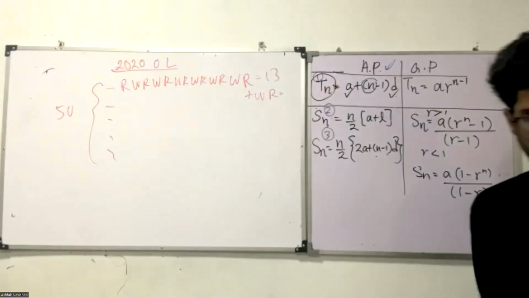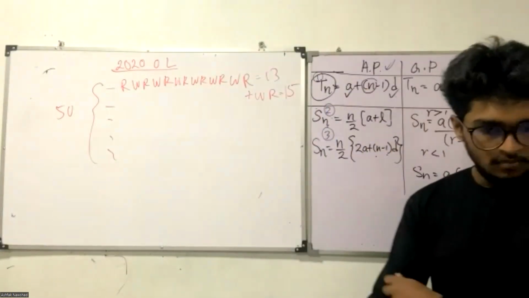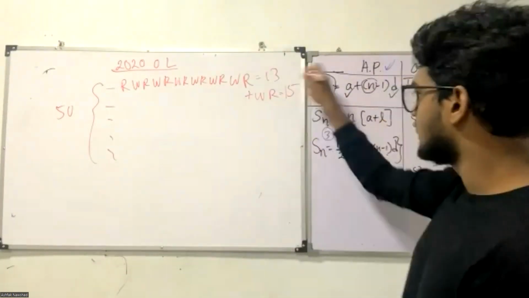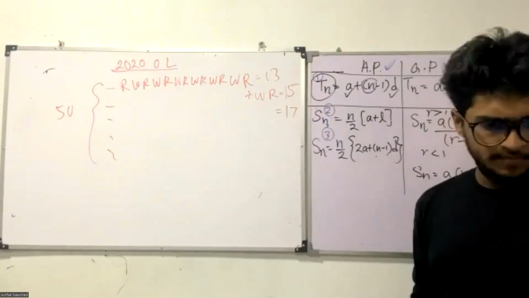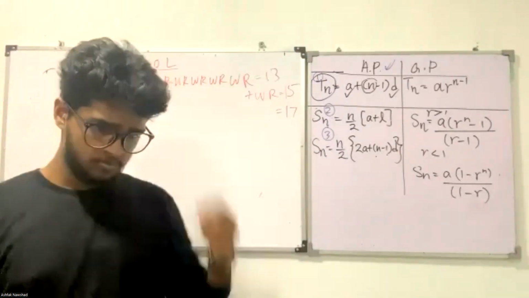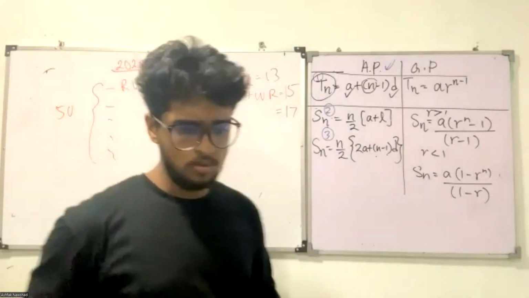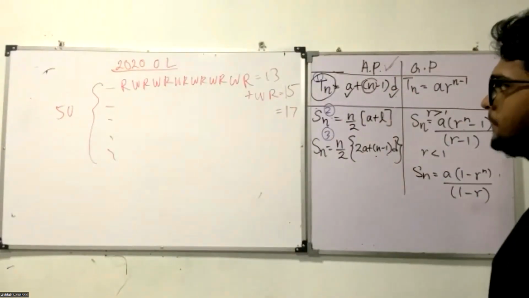So how many? 15. Good. And the third one? Exactly, 17. So what kind of a progression is this? This is also an arithmetic progression, exactly.